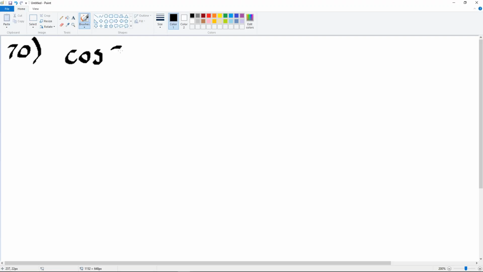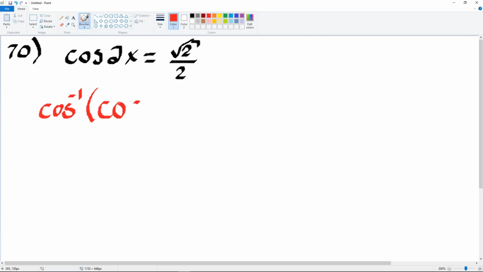Cosine of 2x is equal to... I would actually write that as radical 2 over 2. 1 over radical 2 is the same thing as radical 2 over 2. Yes, sir. So that's how I would write it. I want to solve for x, so I'm going to inverse cosine both sides.